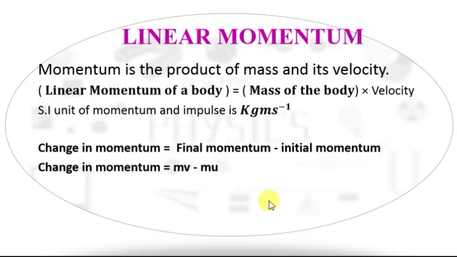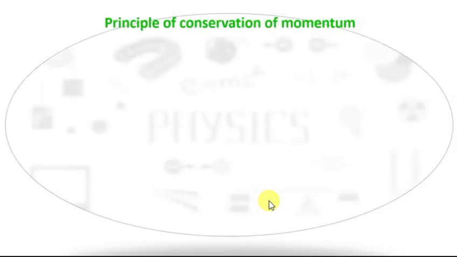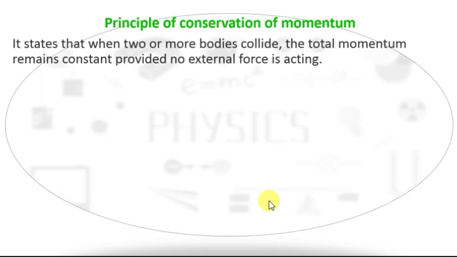Now linear momentum has a principle: momentum must always be conserved. That principle is called the principle of conservation of momentum. What does it say? It states that when two or more bodies collide, the total momentum remains constant, provided no external force is acting.